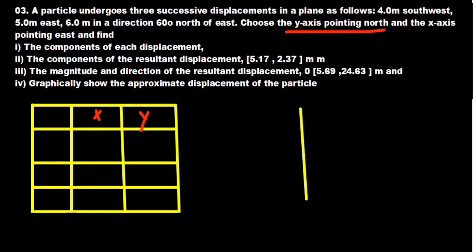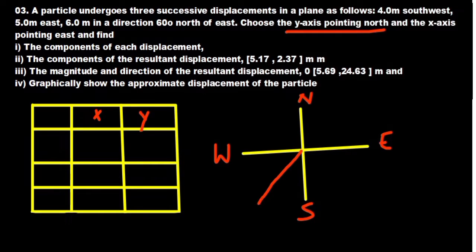We know that this is where our south is down here, then our west is to the left. Of course, that is our east and our north. So we are told 4 meters southwest.